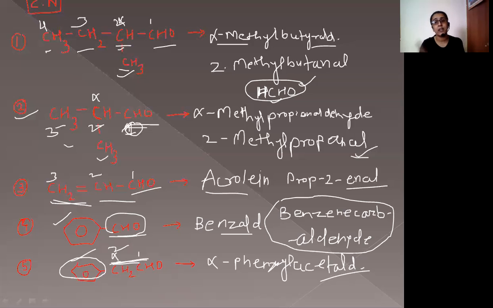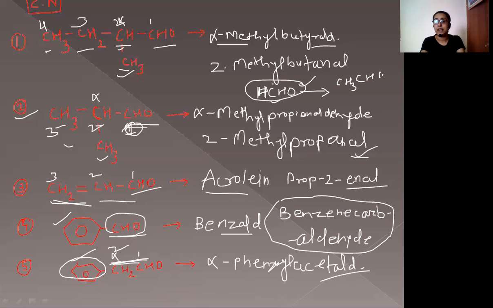In any other aldehyde other than formaldehyde, one valency of the carbonyl carbon is satisfied by an alkyl group. So always remember. Here how many carbons are there? One carbon. So what will be the IUPAC name of formaldehyde? Methanal, right? Then you have acetaldehyde, CH3CHO.